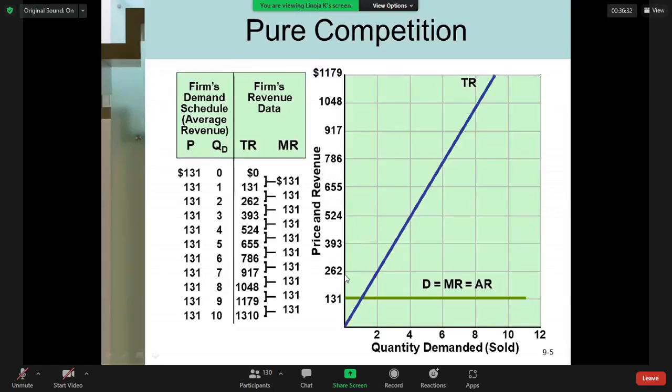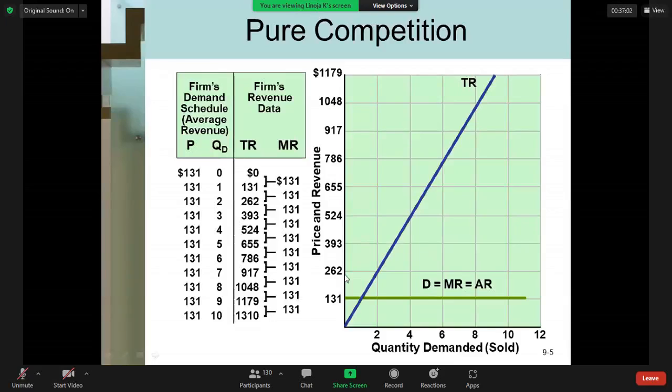Yes, ma'am. So what about the average revenue? How can you find out the average revenue? No, I'm asking, how can you find out the average revenue? Total revenue divided by quantity demanded.